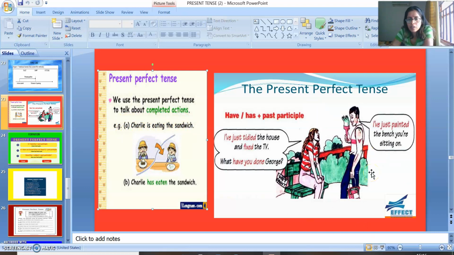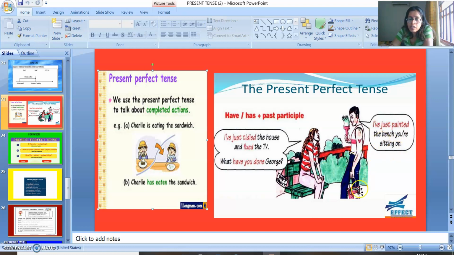So have a look here also. So there is a conversation going on between this boy and this girl. So what this girl is saying, I had just tidied the house and fixed the TV. What have you done, George? To this, George replies, I had just painted the bench you are sitting on.